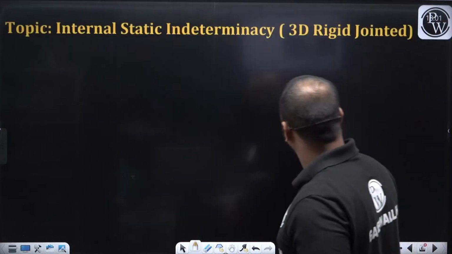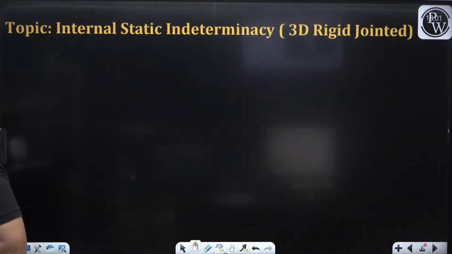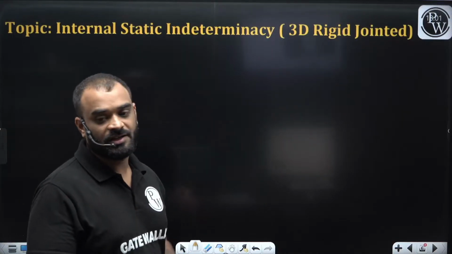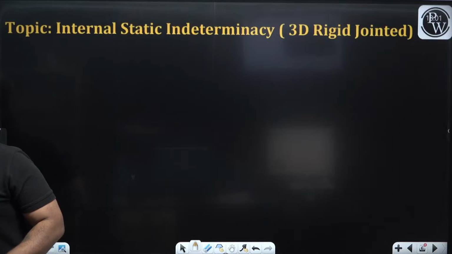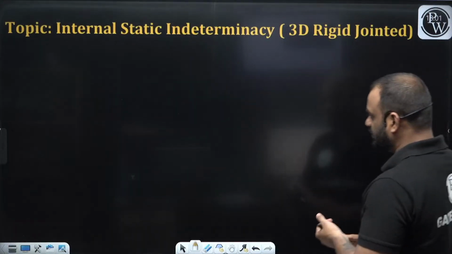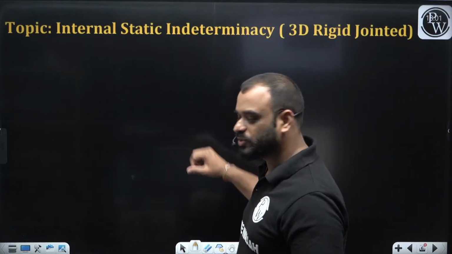Okay, so let's start our topic, which is basically the internal static indeterminacy for 3D structure. Let us discuss how to calculate it, and then we'll solve some problems related to this also.